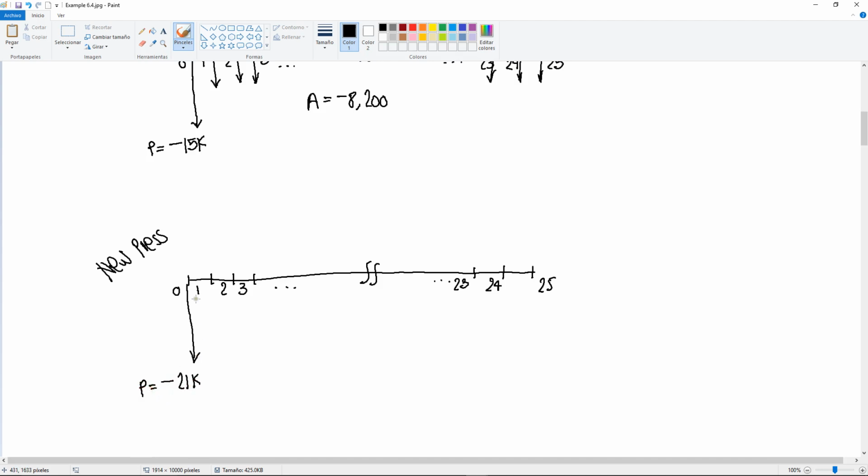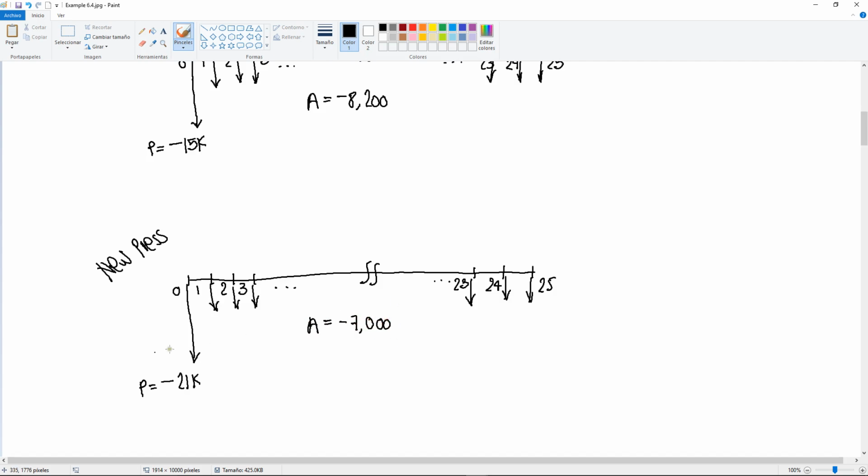Okay, the A will be minus 7,000. So again, the A is the same for the intermediate years.